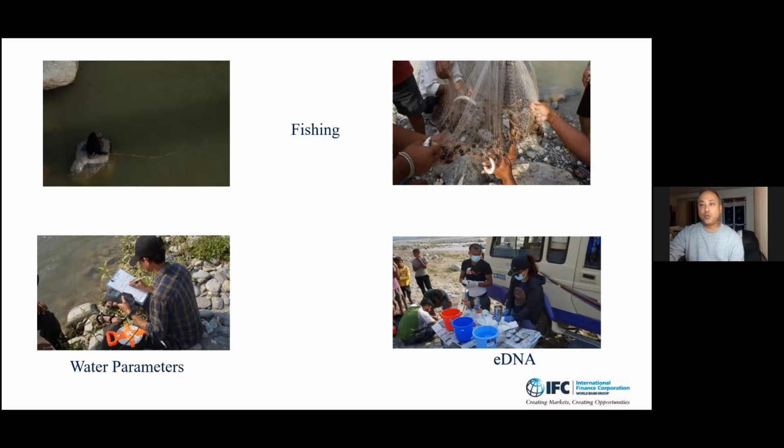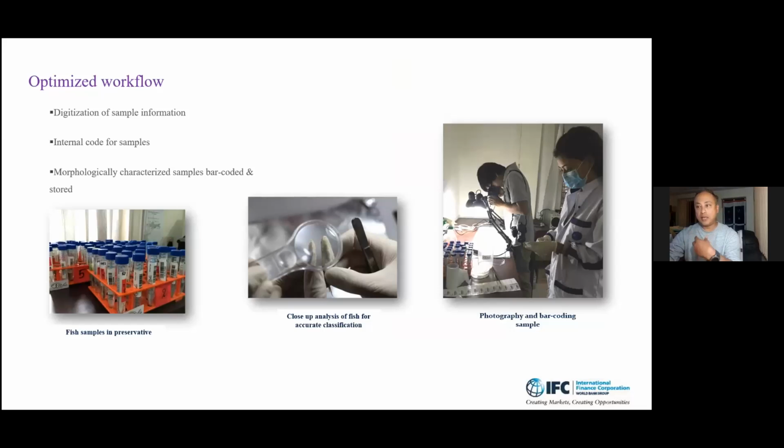Ours is more like a pumping system, a handheld pump. We get 2 liters of water through a filter, and that filter then captures all the tissues and biological material that has been shed in the river. From that we extract DNA, which I'll talk a little bit about.